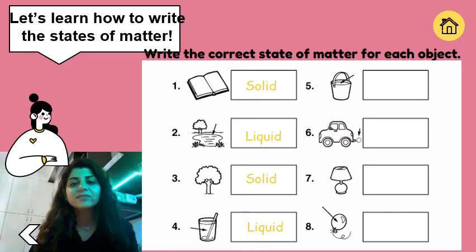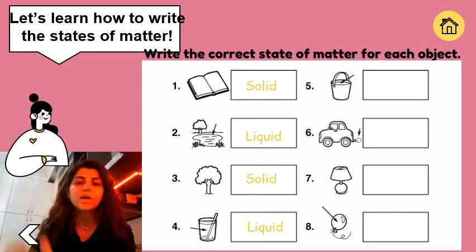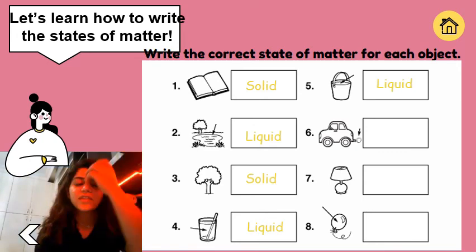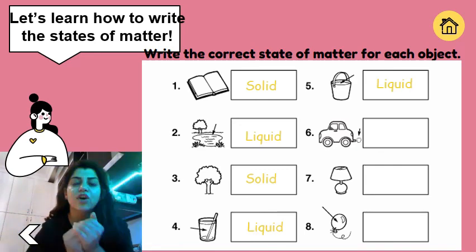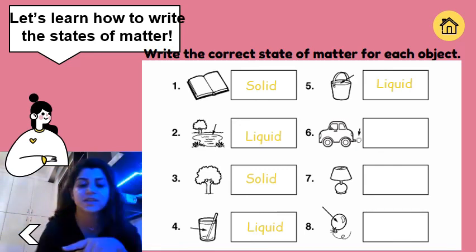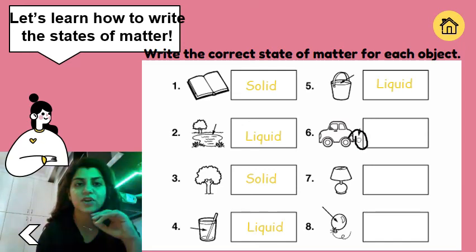Number 5. We can also see water in a pot. Okay, so it's liquid, right? Yes, miss, it's liquid. Number 6, the air that comes out of the car. So can you see the arrow? They're pointing at the air that comes out of the car.